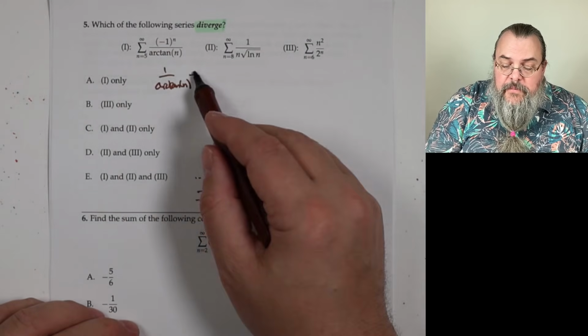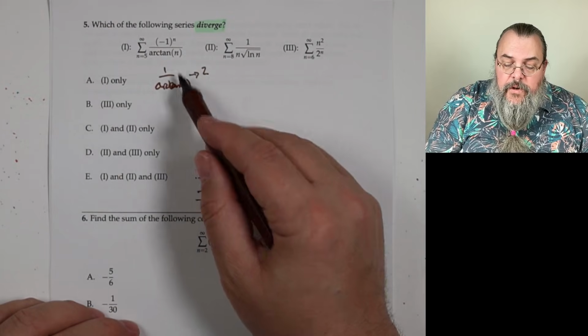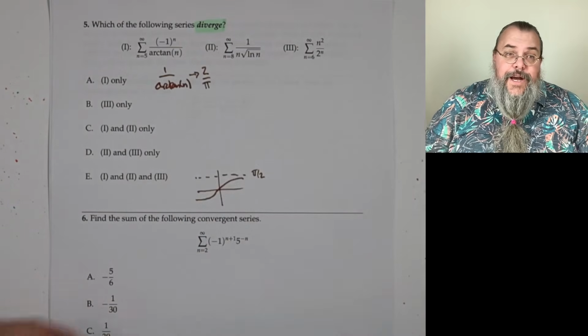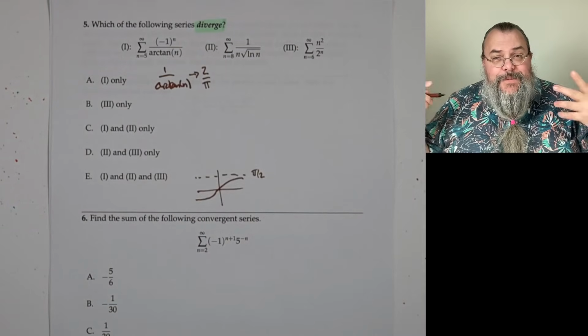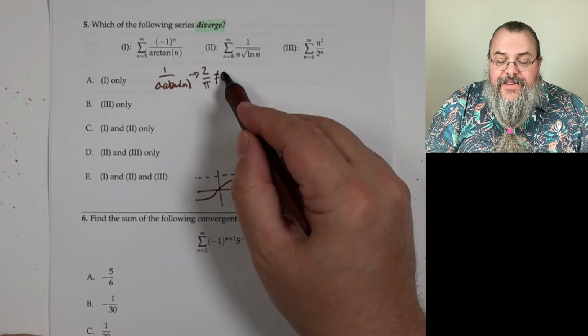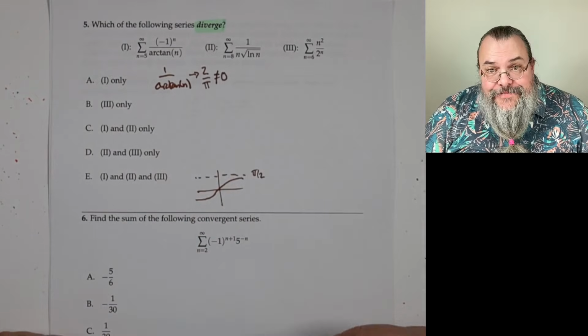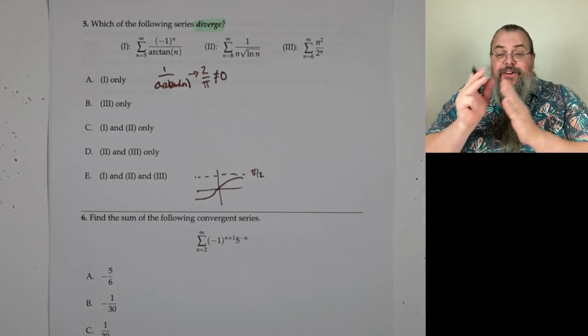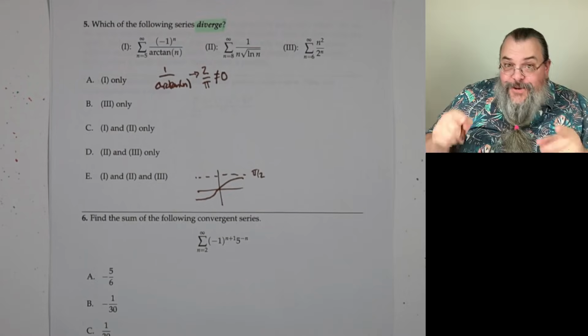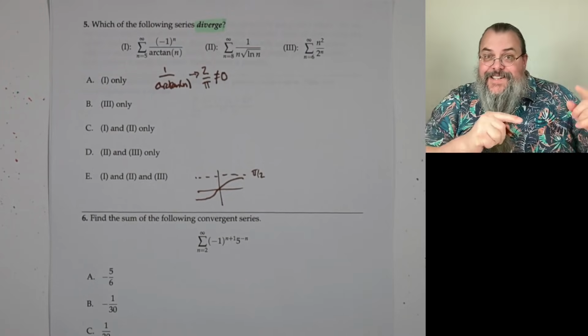So this is approaching the number 1 over pi halves, or 2 over pi. Now, you might say, okay, but what do we know about 2 over pi? Well, one thing we definitely know is it's not going to 0. So it's alternating, cool. It's even decreasing, cool, but it's not decreasing to 0.